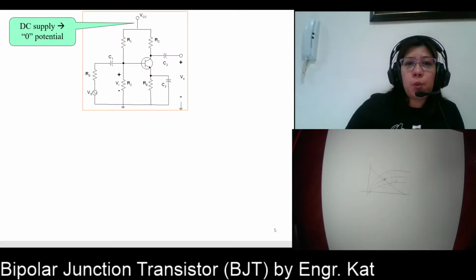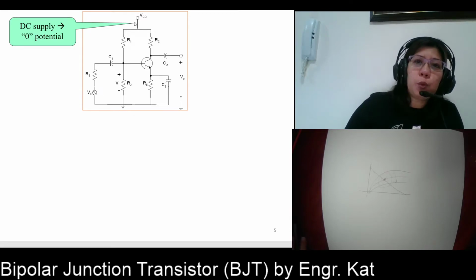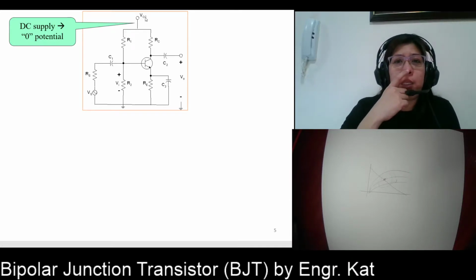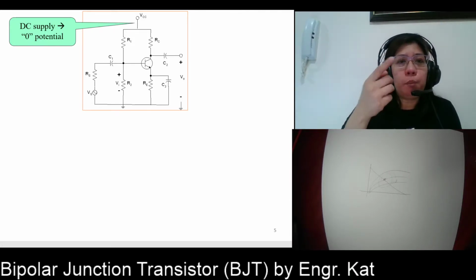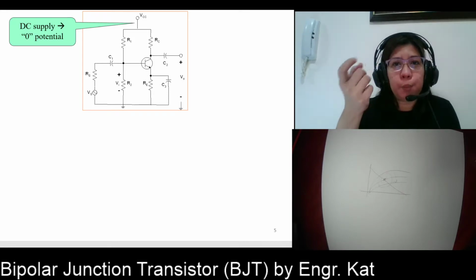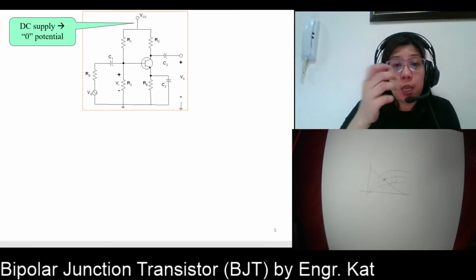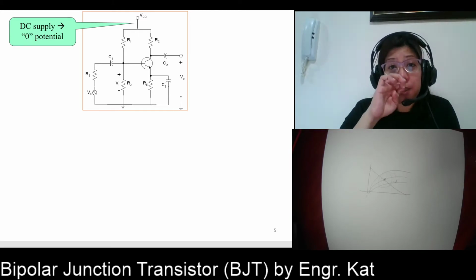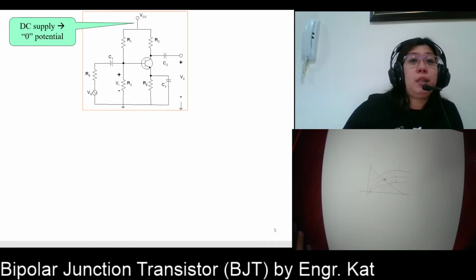However, what we want to consider now is your AC signal here. So what we are trying to eliminate now is the DC source, which is your VCC. So we are trying to make your DC supply zero potential. So how are you going to remove your DC supply, how are you going to kill your DC source? We're going to make this zero potential.